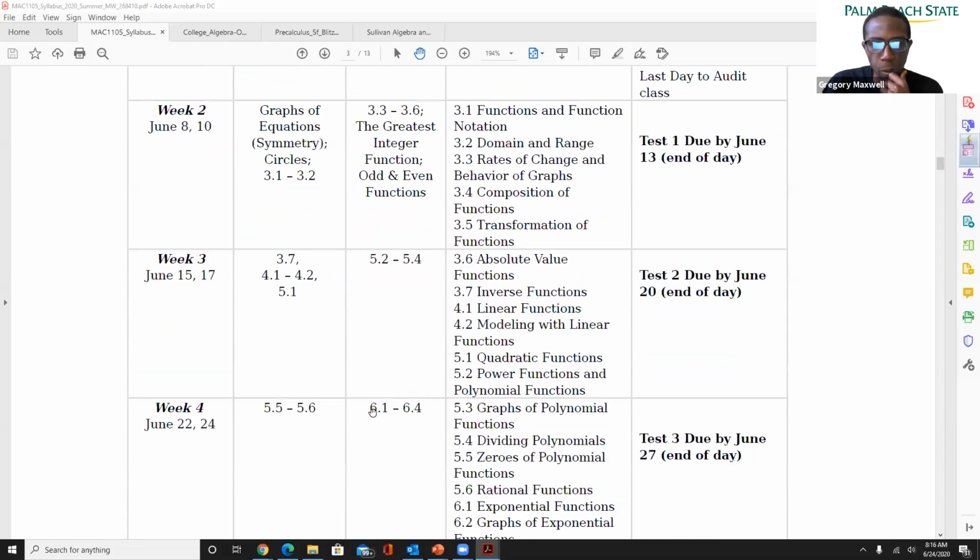Today is the 24th. We are supposed to be starting exponential and logarithmic functions today. So we are one class session behind. Today, we're going to talk about zeros of a polynomial and graphs of, well, rational functions.